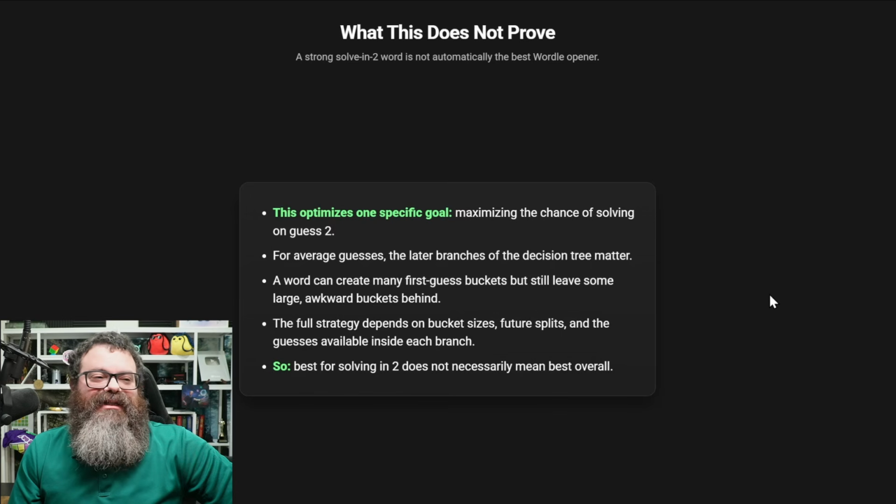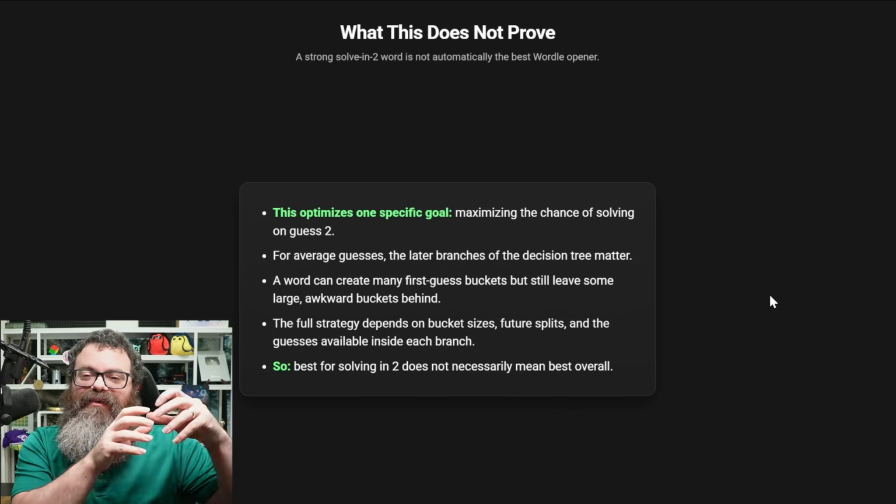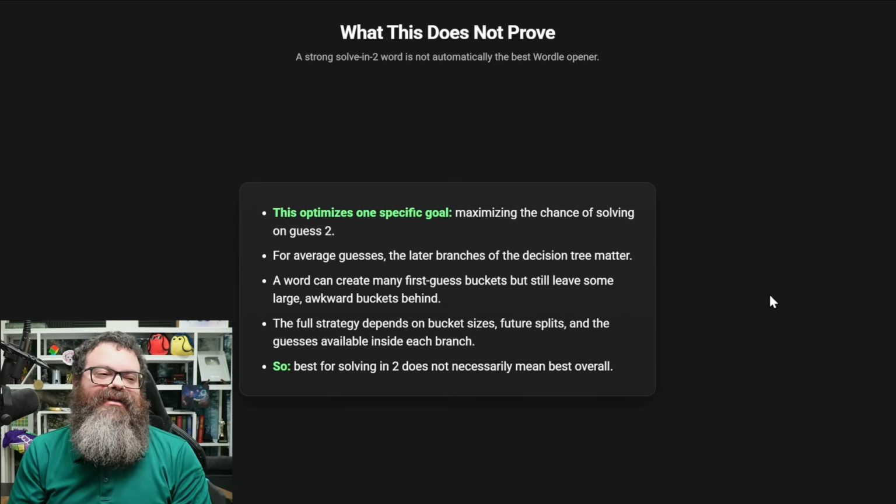For average guesses, the later branches of the decision tree matter. If we're trying to minimize how many guesses we're going to have to make in order to get to the answer, we create an entire decision tree, and every bucket then creates its own set of buckets, which then create their own set of buckets, and it gets very complex. The only way to really analyze this is to generate the entire tree.